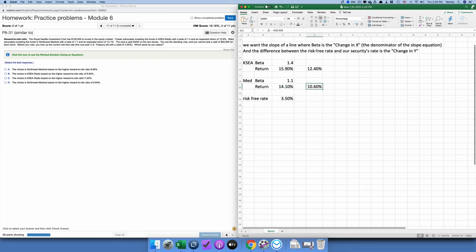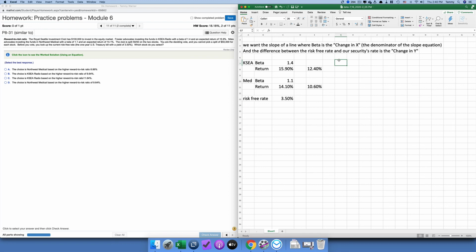Okay, so that's our change in y. All right, and the slope is the beta. So let's just say, I'm sorry, this is our change in x. This is our change in y.